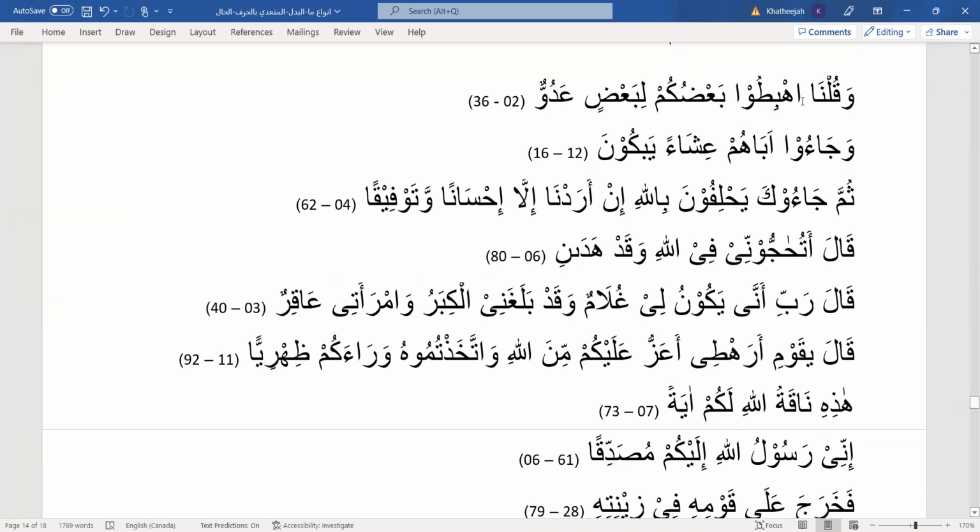For example, in this, وقلنا بعضكم لبعض عدو. The waw is missing here. Same is the case when al-madi is used; qad sometimes is missing. And when it is missing, then it is considered implied. It's mahzuf, but it's considered implied that it is there, though it's not written, because that's a condition for it to be called jumla haliya. All right.